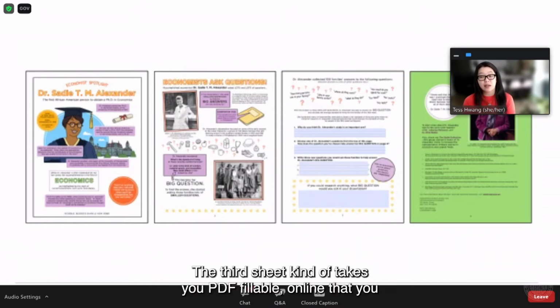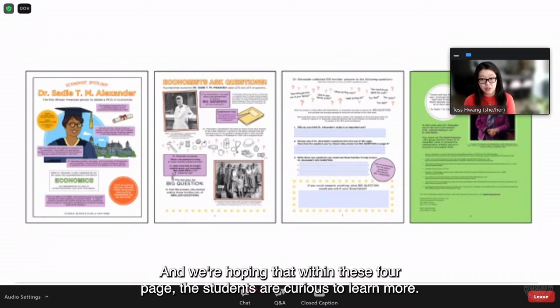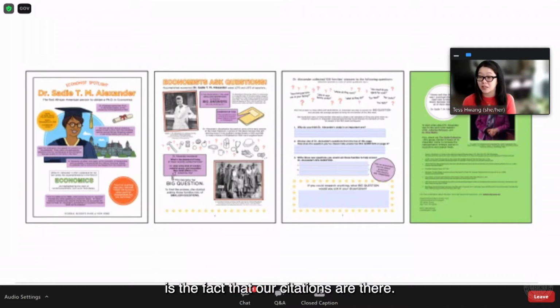The third sheet is a PDF fillable online that you and your students can fill out on their own. All the answers are in the worksheets, and we're hoping that within this 4-page sheet, the students are curious to learn more. The last page also reserves some acknowledgement that our citations are there, but also we have great resources.